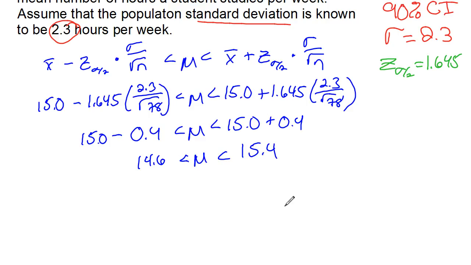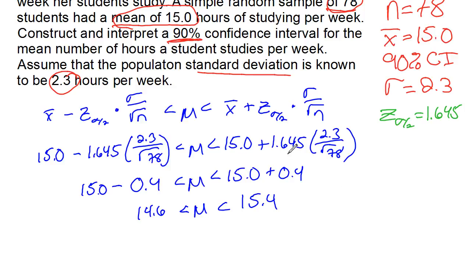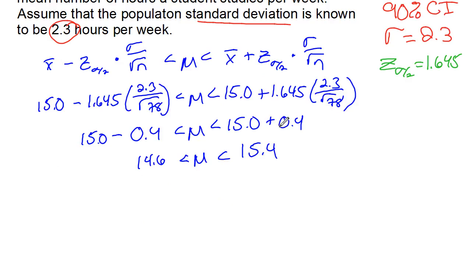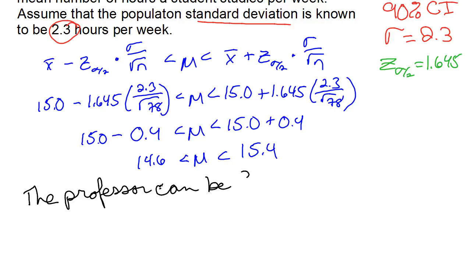Now, what it means to interpret this is to actually write out a descriptive sentence regarding these numbers and this application. And so what I would do is: the professor can be 90% confident.